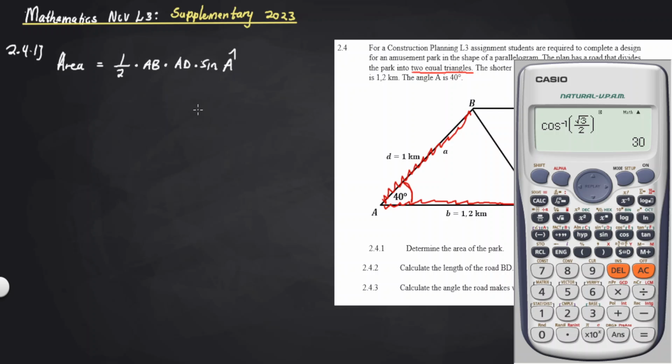Then you can calculate the area. It's always half multiplied by the two adjacent sides multiplied by the sine of the angle between the two adjacent sides.